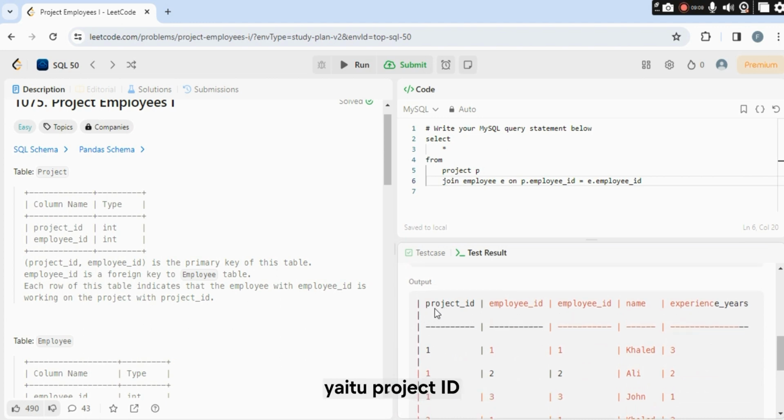They are project ID, employee ID, name, and experience years.